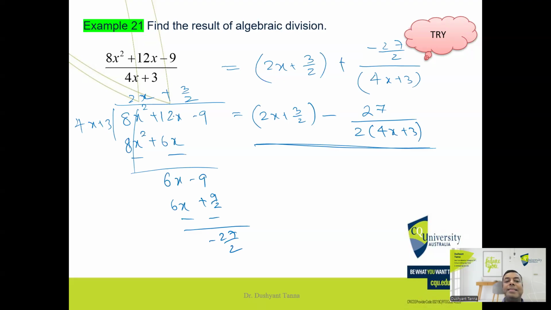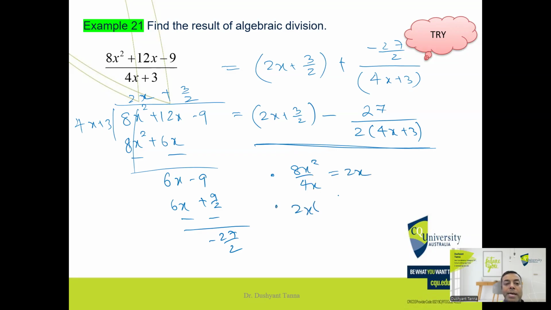For those who don't understand this 3/2 stuff, how do I end up getting that? So I have 6x minus 9, so I would go with 6x divided by 4x. Remember, the first point was 8x squared over 4x, that is 2x once I simplify.